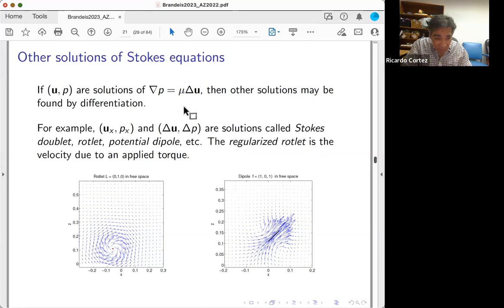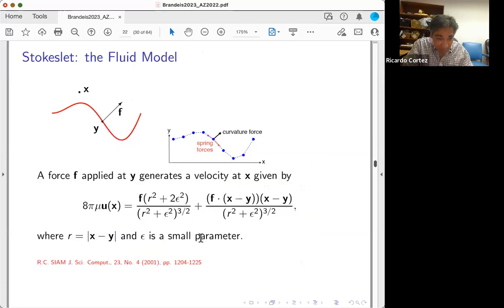And so you can differentiate further and get more solutions. And these are like a multipole expansion of the Stokeslet. And the same thing you can do with the regularized versions. So here's a regularized couple of elements.